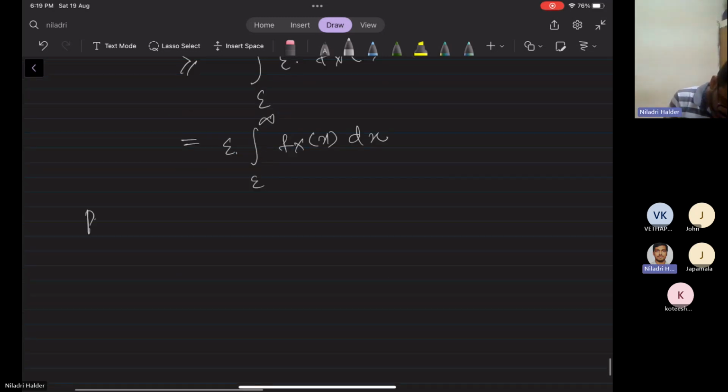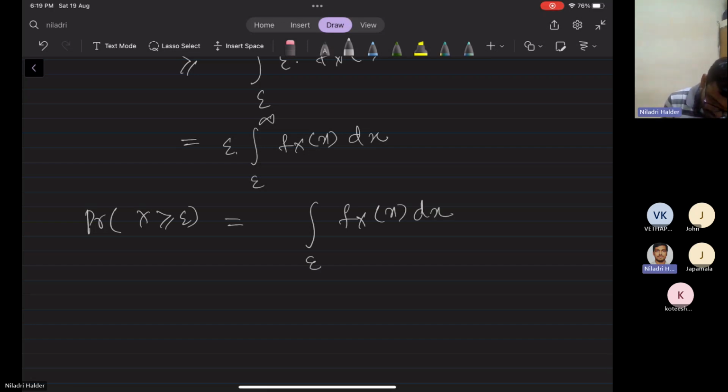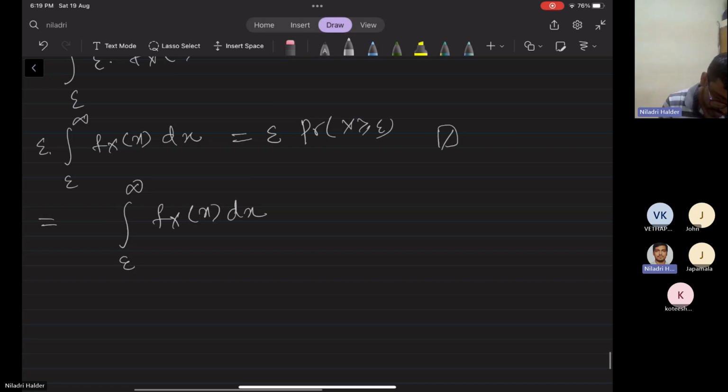Now, what is the probability of x greater than or equal to epsilon? That is the integral of f_X(x) dx from epsilon to infinity. So that means it is epsilon times the probability of x greater than or equal to epsilon.